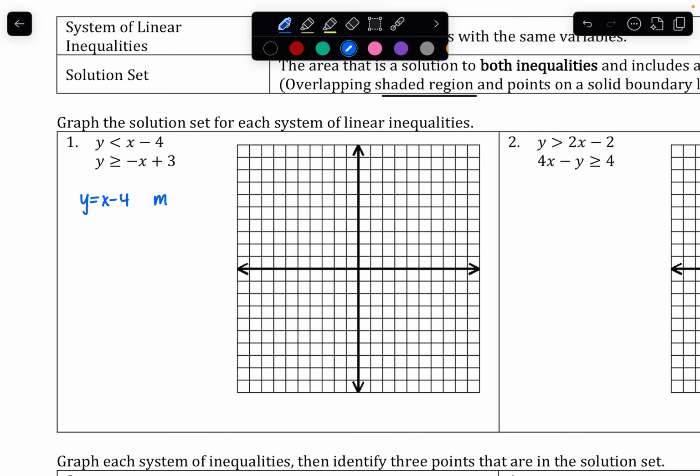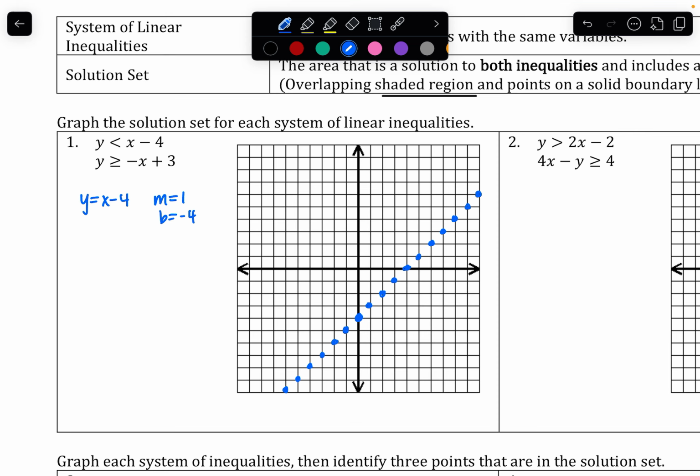And so our slope is 1, our y-intercept is -4, and so we would start at -4 on the y-axis, and our slope is 1, so we go up 1 over 1, up 1 over 1, up 1 over 1. And the more points you can fit on the graph, the more accurate your graph will be. And so I recommend graphing as many points that fit.